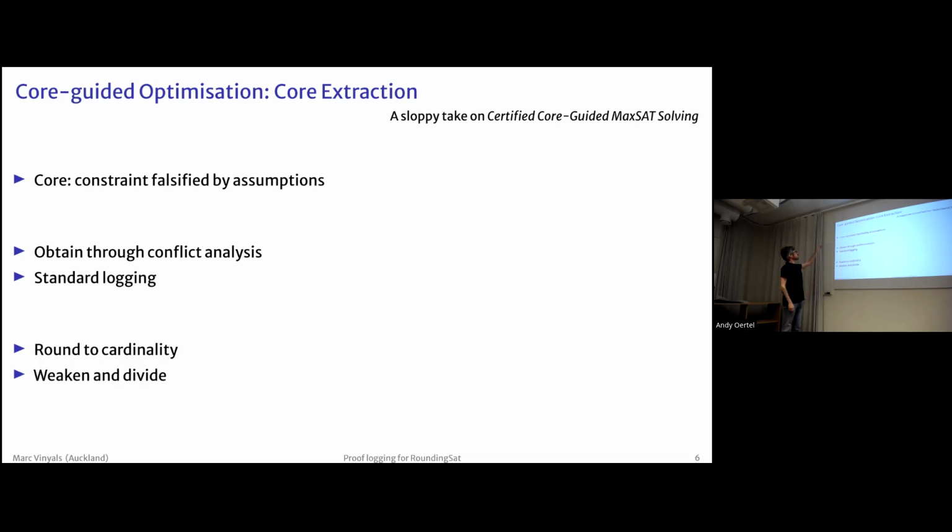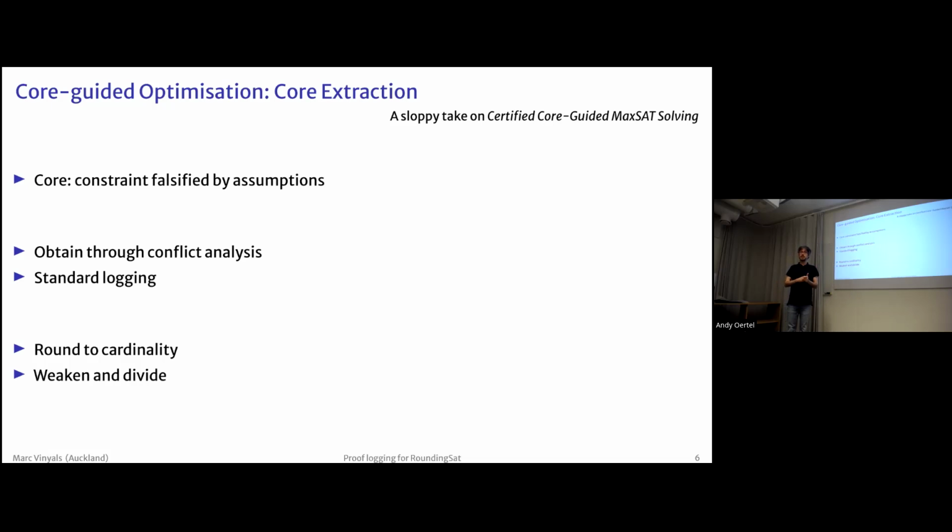Anyway, so let's start with how we find the core. A core, first of all, is just some constraint that's falsified by the assumptions. And here it could really be any constraint. We work with cardinality constraints, probably because that's what MaxSAT does.